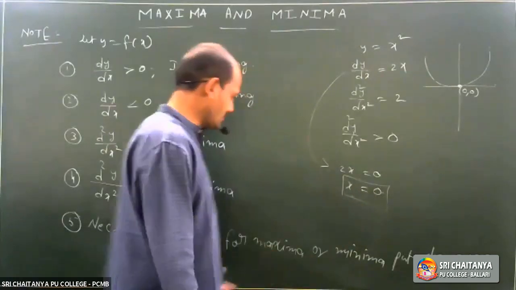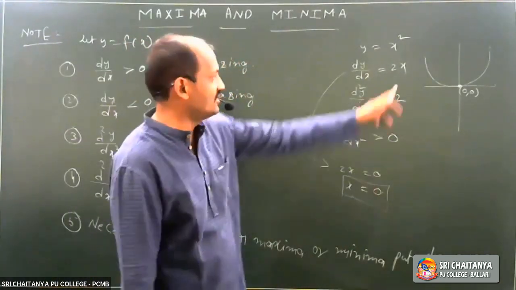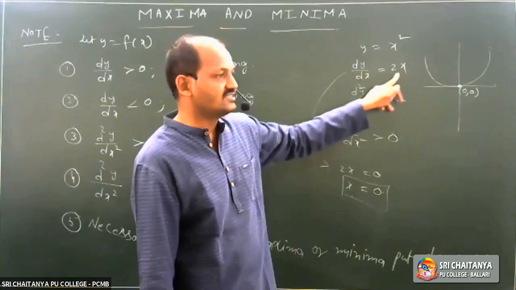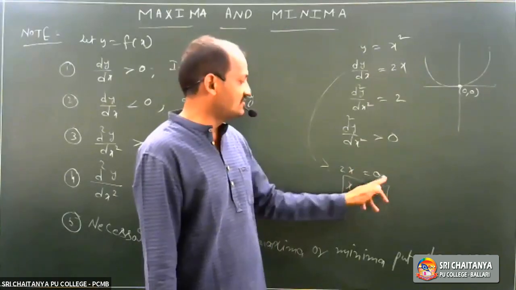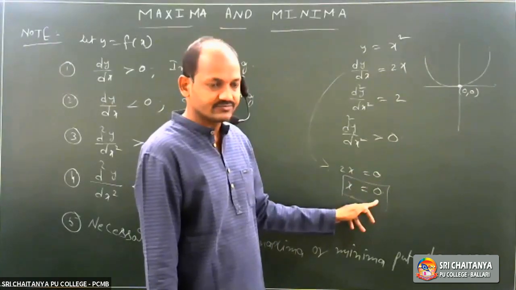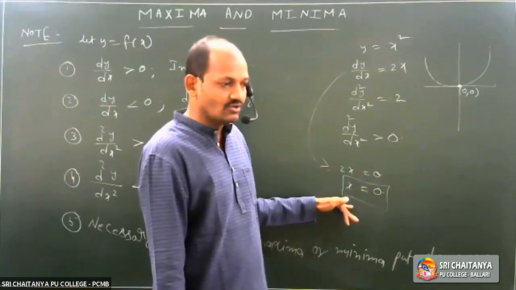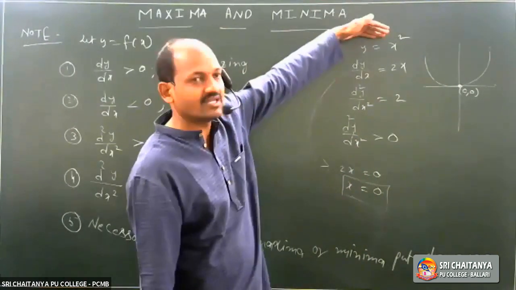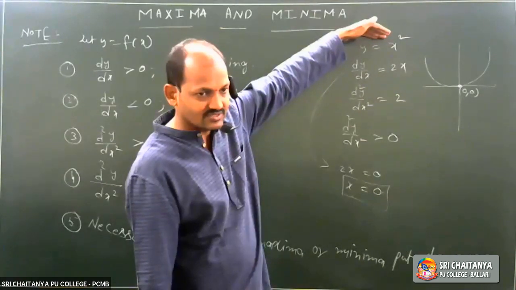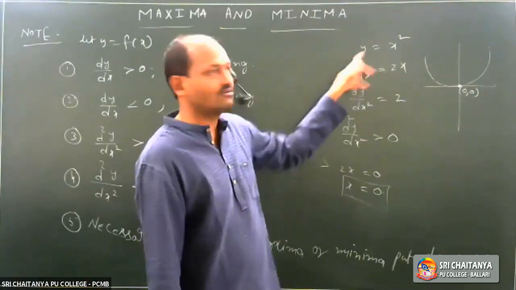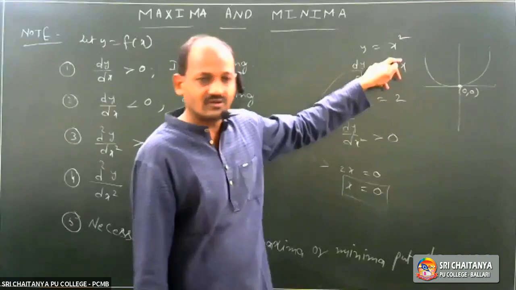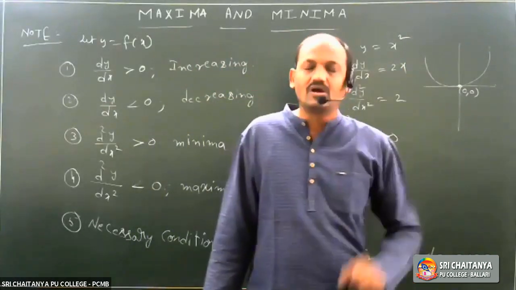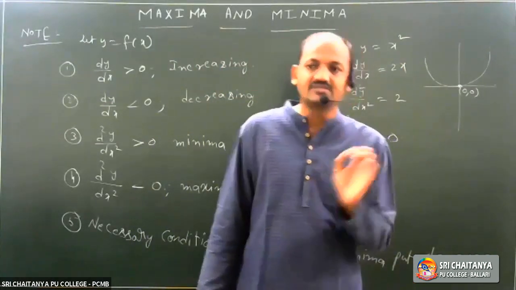By using the necessary condition, first derivative equal to 0. First derivative is 2x. If 2x equal to 0, x equal to 0. At x equal to 0 we get the minimum value. Substitute x equal to 0 in the given function, y value is also 0. Therefore, the minimum value at x equal to 0 is 0.